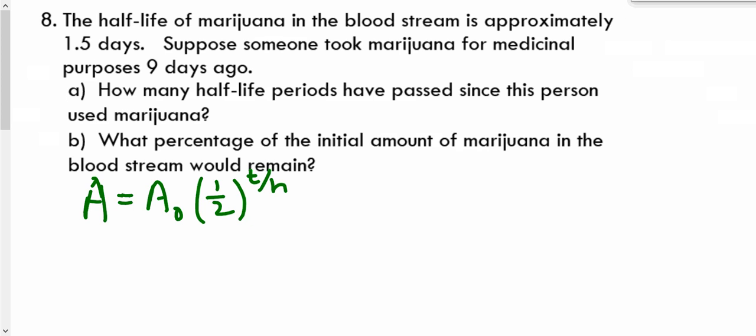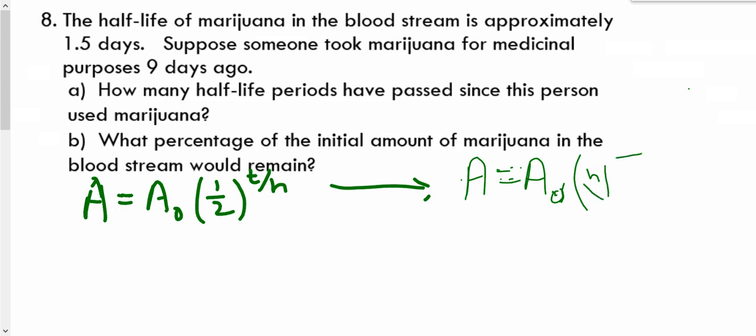Now if you really don't like using this formula and you want a whole number exponent, by all means, the revised version would be A naught times the H root of a half, all to the exponent of T. So there's your version if you wanted a whole number exponent.